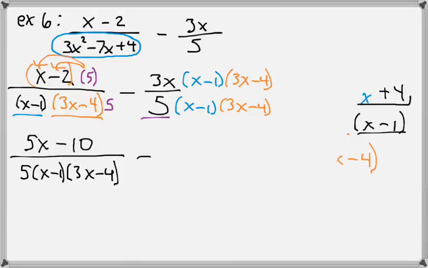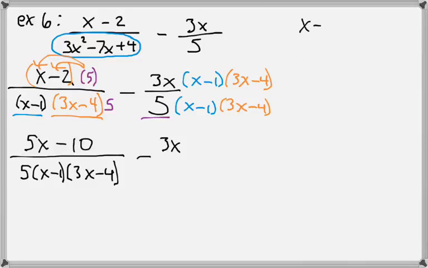And then over here, I'm going to have all of this guy. I'm going to have a 3x. Then I'm going to go ahead and multiply those, the blue and the orange. So let's go off to the side here so you can see what's going on. We are going to take that x minus 1 times the 3x minus 4. This is FOIL, double distribution, whatever you want to call it.